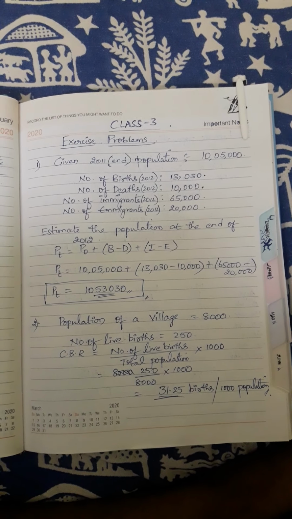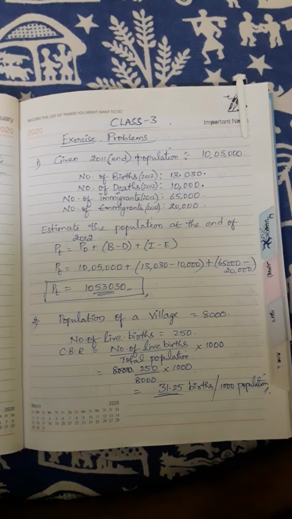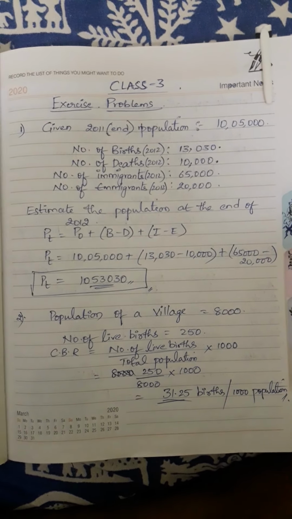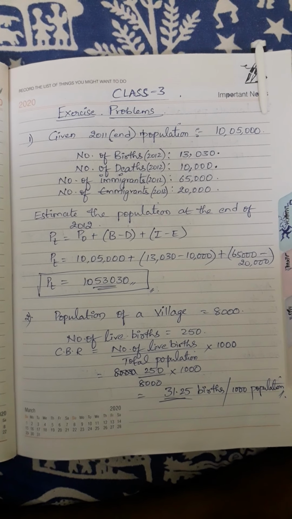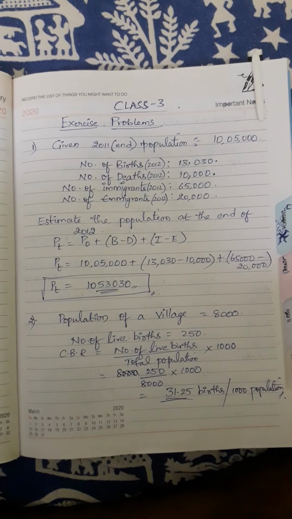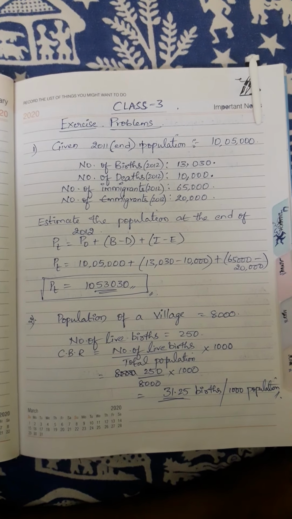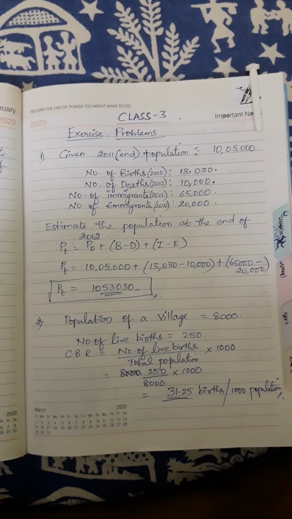The number of deaths at the end of 2012 was 10,000. The number of immigrants at the end of 2012 was 65,000, and the number of emigrants at the end of 2012 was 20,000. Estimate the population at the end of 2012.